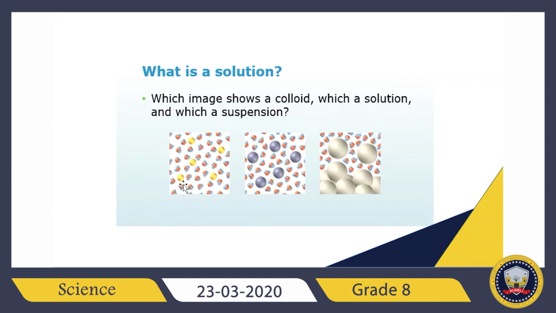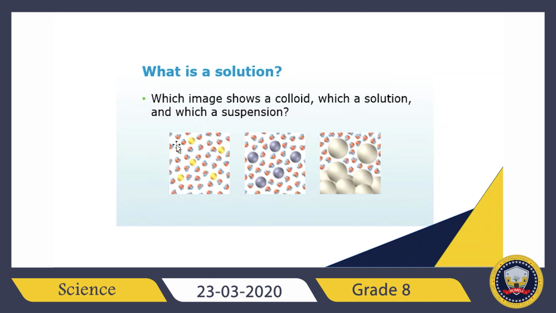Because the sugar particles all dissolved in the water, or in the solution, and they just disappeared. Chemically, we don't say that they disappeared, but we say that the sugar particles are evenly distributed within the solution. That's why you will not be able to recognize them.